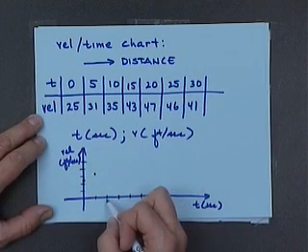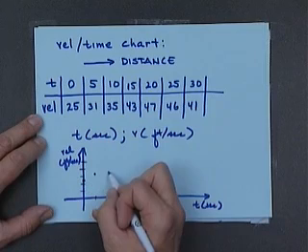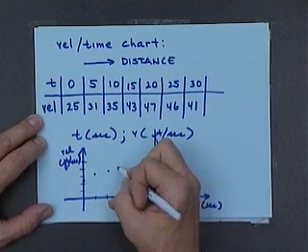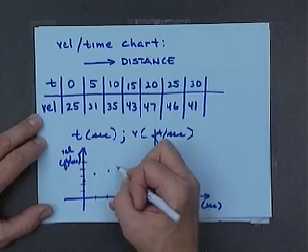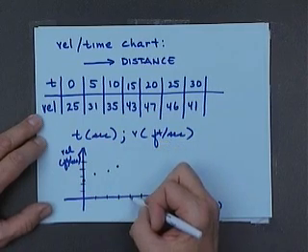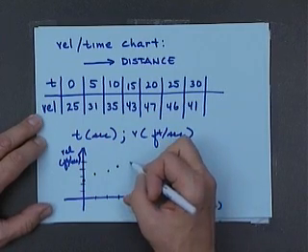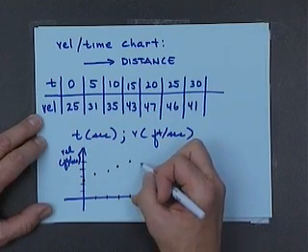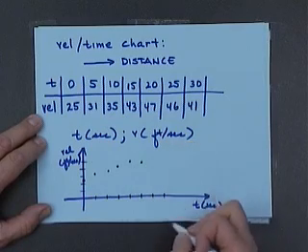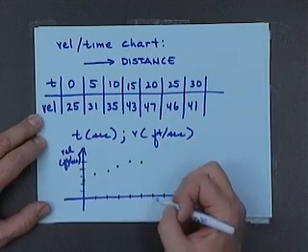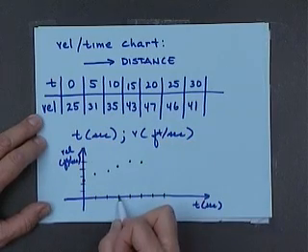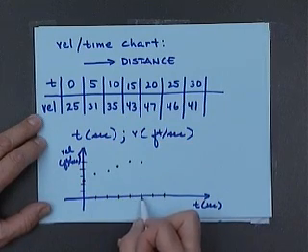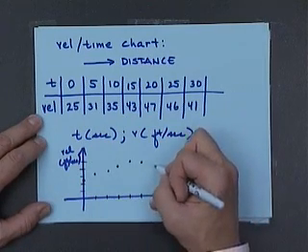At the 10-second mark, we're at 35. At 15, we're at 43. At 20, we're at 47. At 25, we're at 46, just a hair under that one. And at 30, we're at 41.